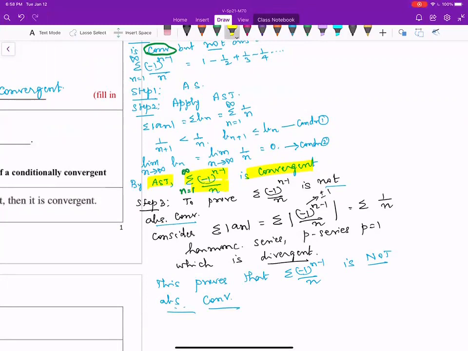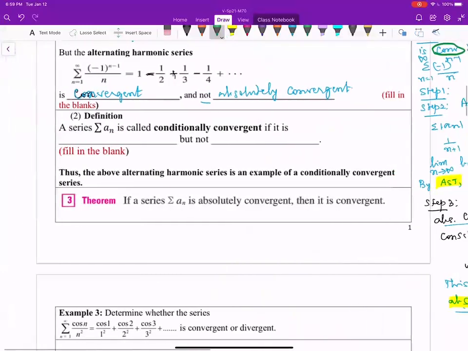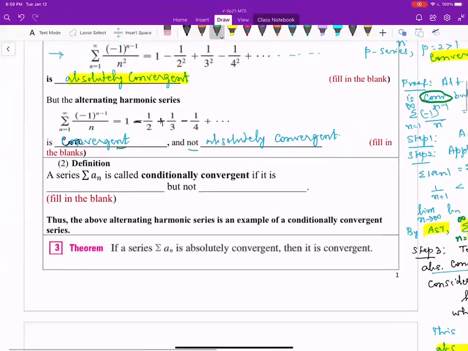So we have shown two things. We have shown that this alternating harmonic series is convergent, but it is not absolutely convergent. Such a series is said to be conditionally convergent. It is convergent, but not absolutely convergent.